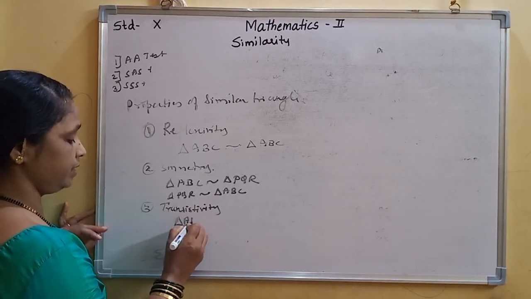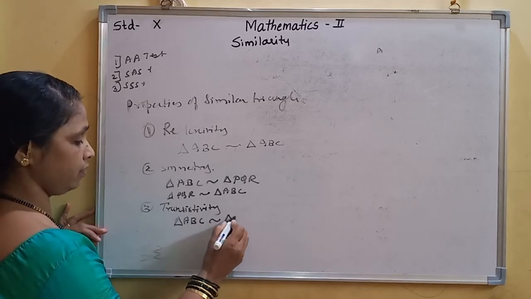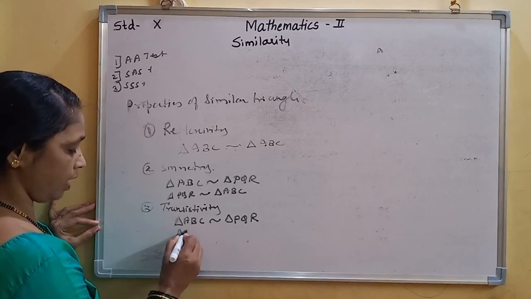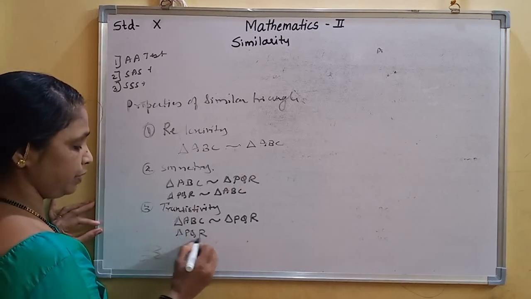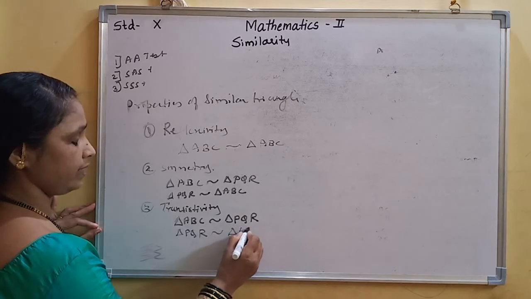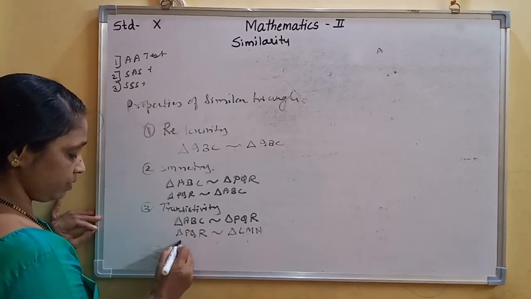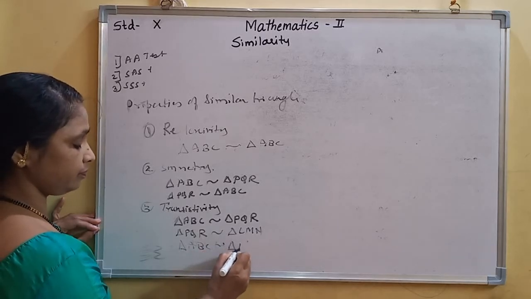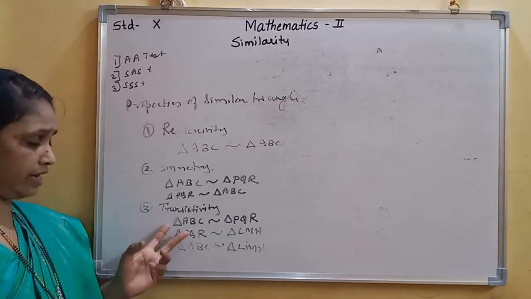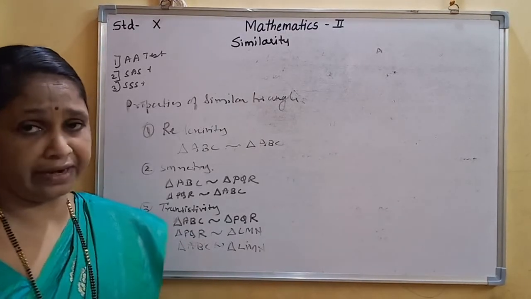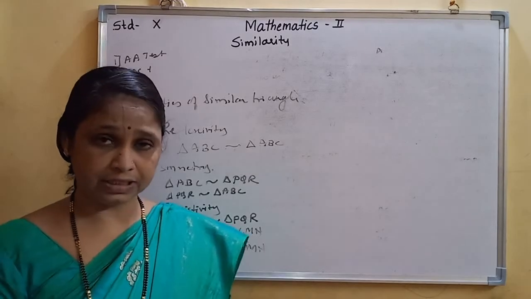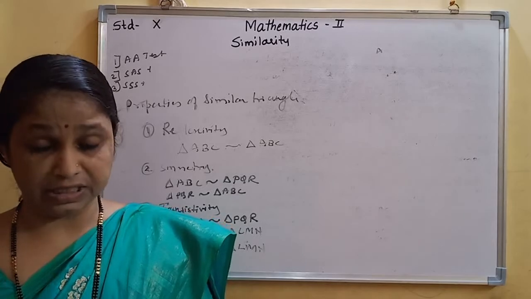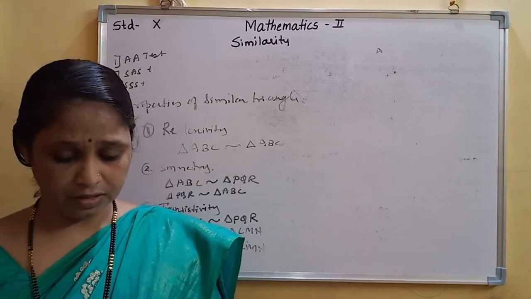If triangle ABC is similar to triangle PQR, and triangle PQR is similar to triangle LMN, then triangle ABC will be similar to triangle LMN. Okay, this is transitivity. These are the three properties of similar triangles. Now we have to use these while solving the theorems.